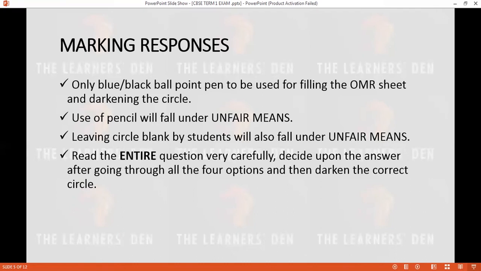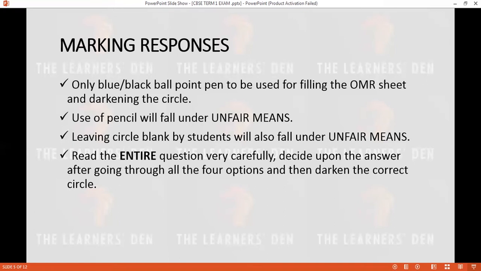Candidates are required to read the entire question very carefully and not make assumptions reading the first or second line of the question only. And then you decide upon the answer after going through all the four options.